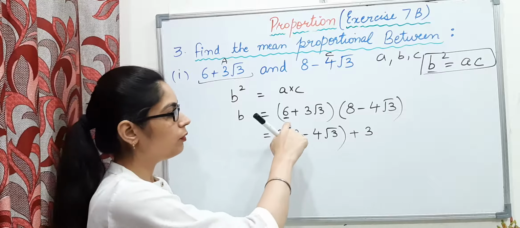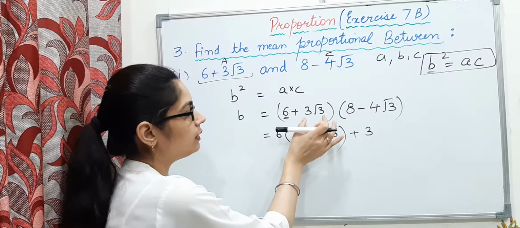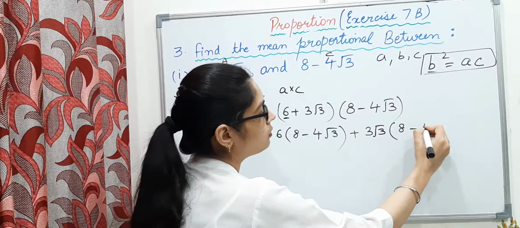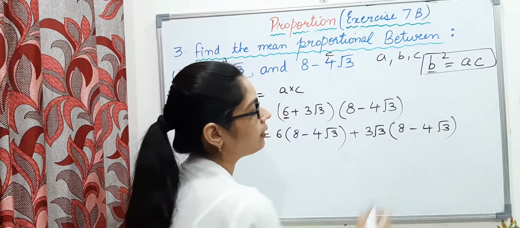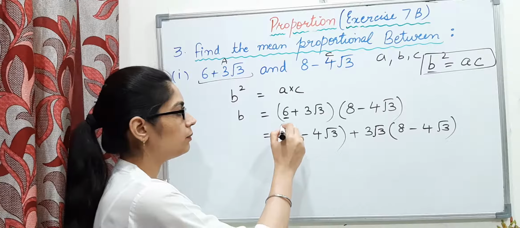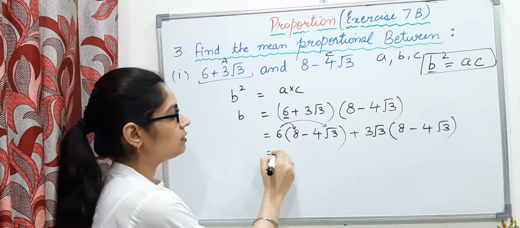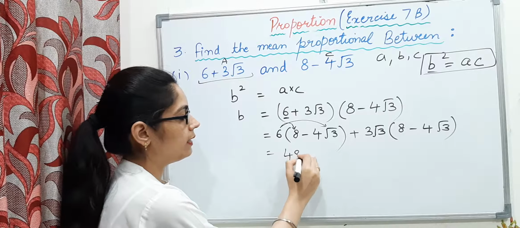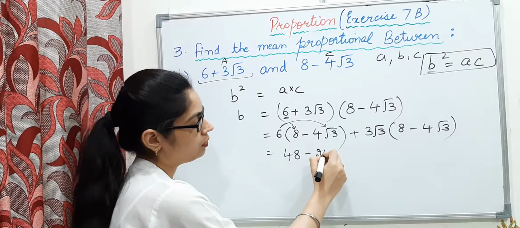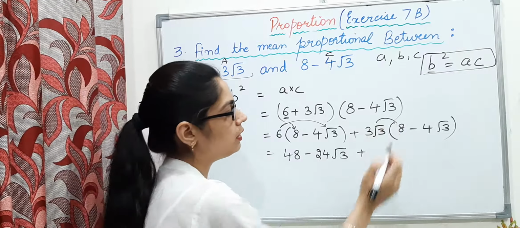First term of the first bracket I have written, and then it's getting multiplied with the entire second bracket. Then the second term of the first bracket, which is 3 root 3, this also we have to multiply by the entire second bracket. So whenever a number is written outside the bracket, that means it will get multiplied by both the terms. So 6 into 8, 48, minus 6 into 4, 24, root 3 as it is, plus 3 root 3 into 8.